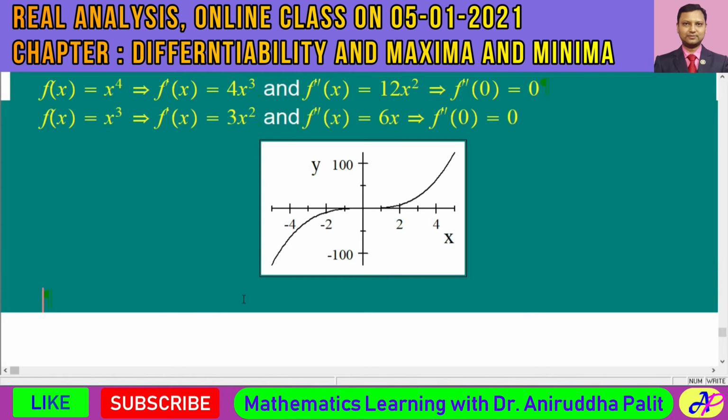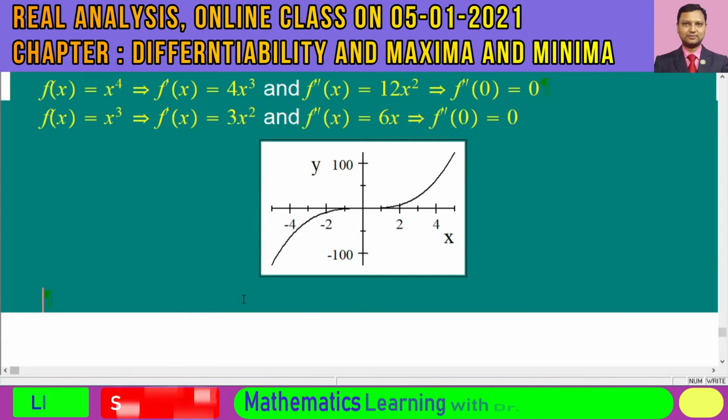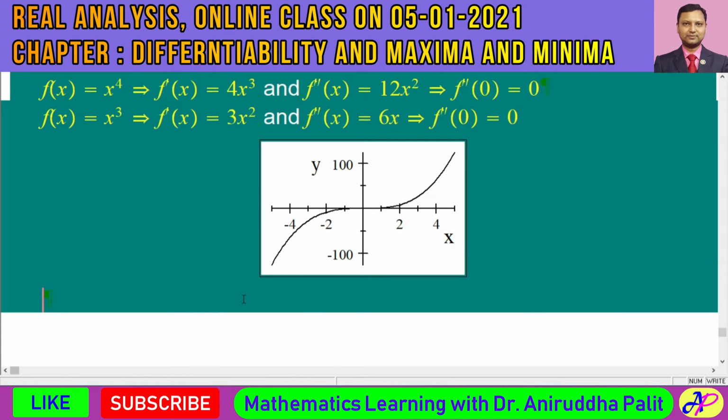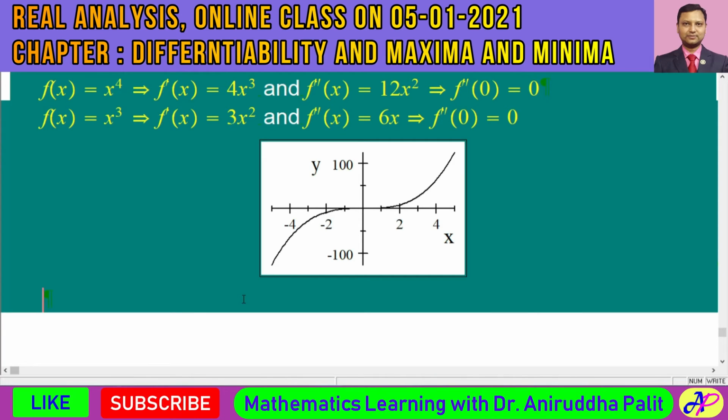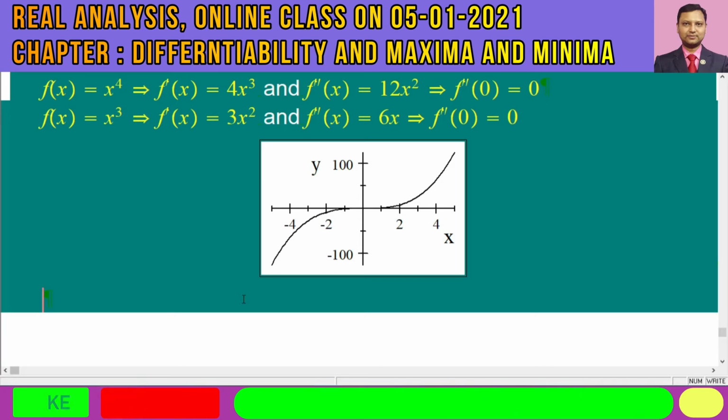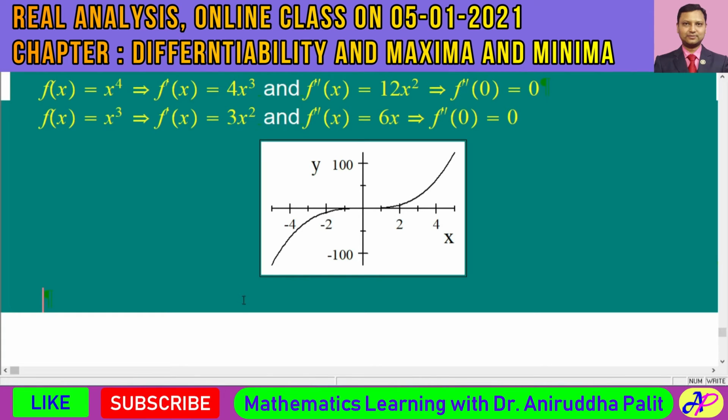And if the order of the first non-vanishing derivative is an even number, in that case we can have a definite conclusion. But if it is an odd number, then we can say that the function does not have any extreme value at all.